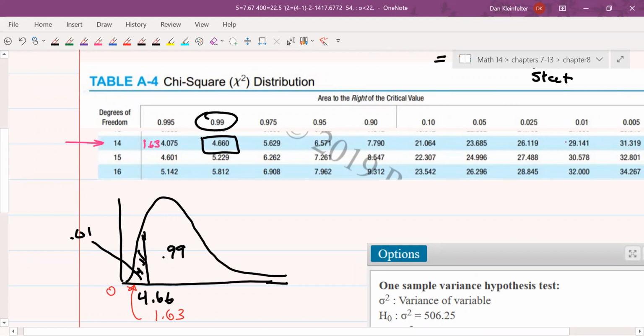Notice that all the numbers in this row, 31, 29, 26, 23, and so on, they're counting down as you work from right to left. So 5.6, 4.66, 4.07. The 1.631 would have to be to the left of all those, right? There isn't one, but if there was going to be one, that's where it'd be.